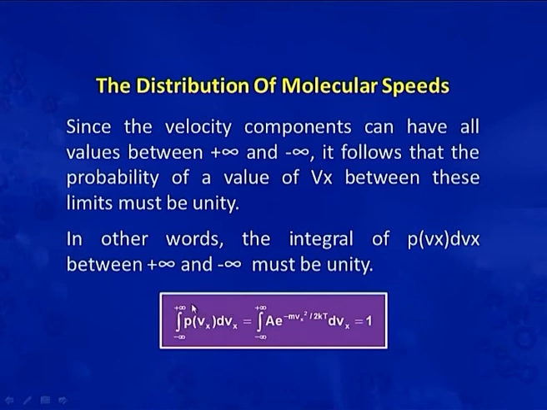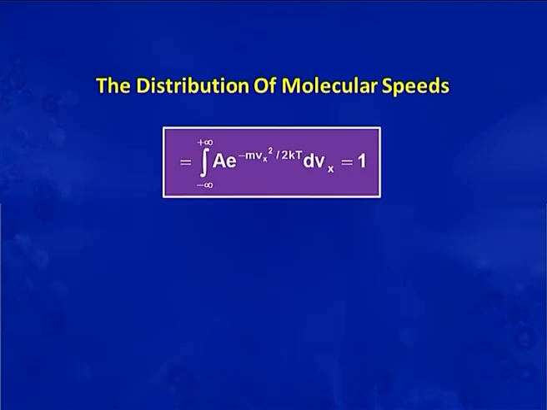So, the integral from minus infinity to plus infinity of A into e to the power minus m Vx square by 2kT into dVx equals 1.